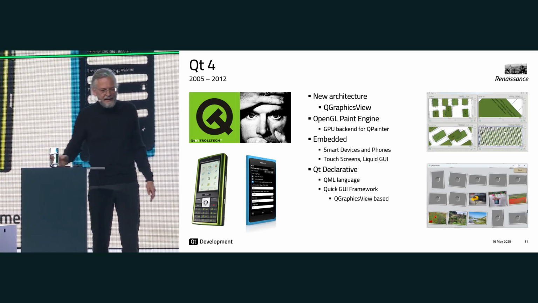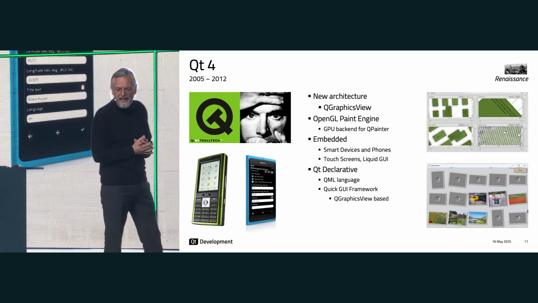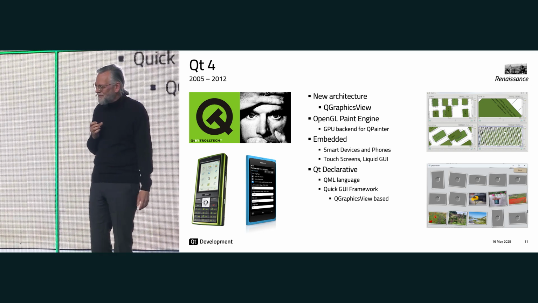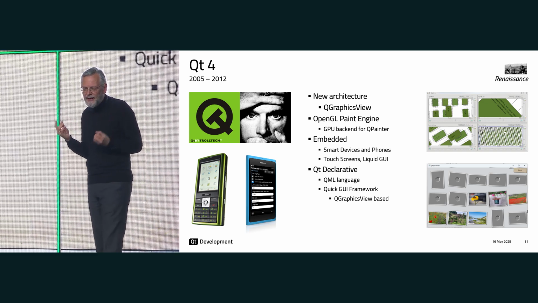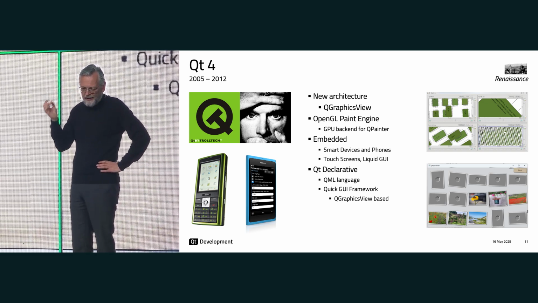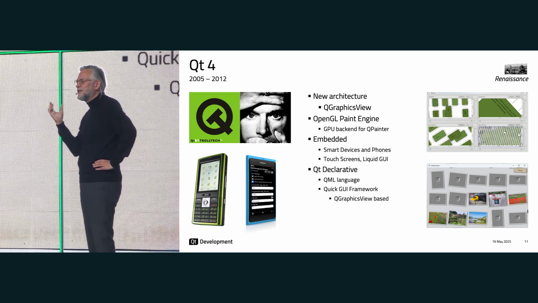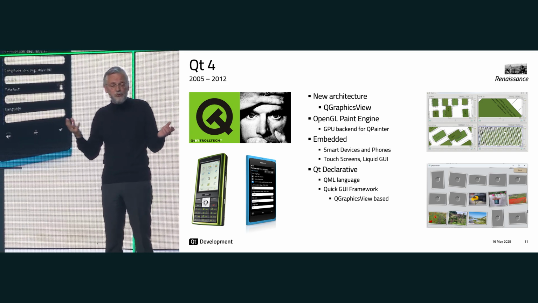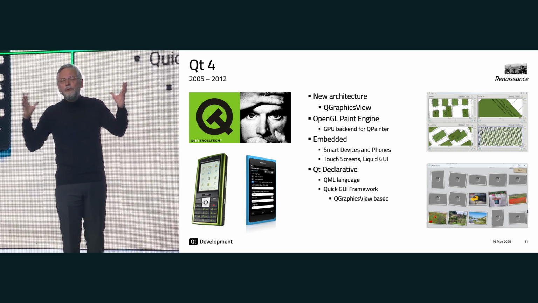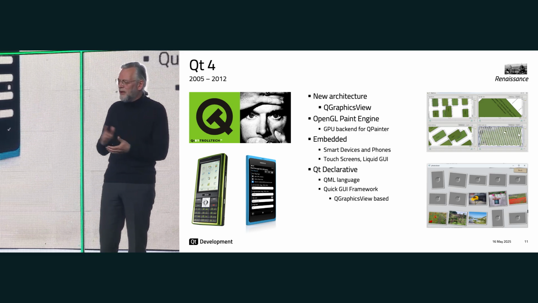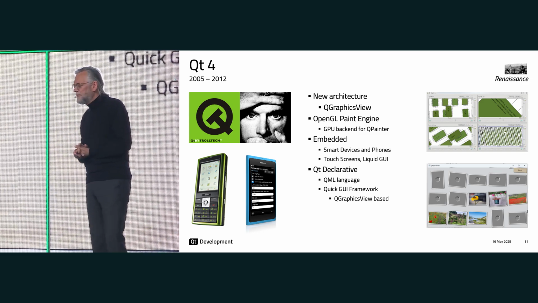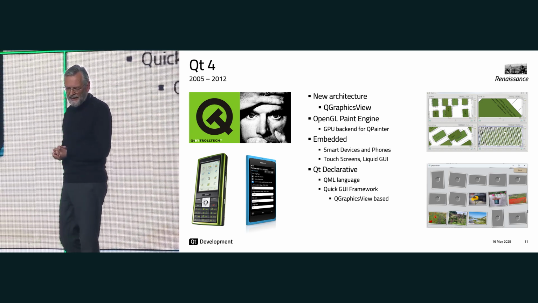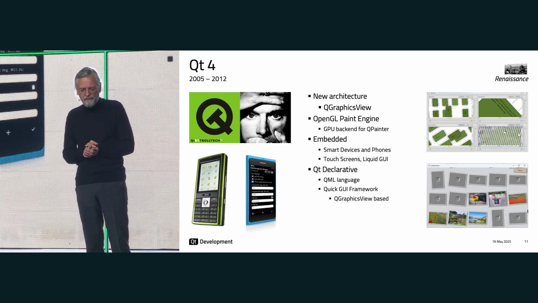And this new painting architecture then became the basis of the fourth major version of Qt. And it also enabled a powerful new graphical canvas widget, the QGraphicsView, allowing developers to place their custom graphics on a huge scrollable and zoomable canvas. And it became the basis of countless customer projects.